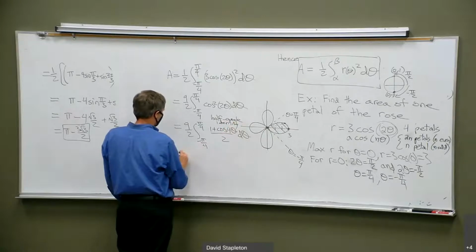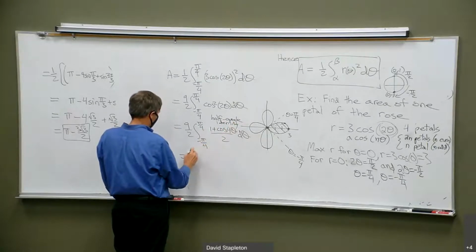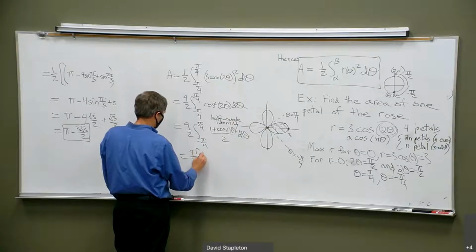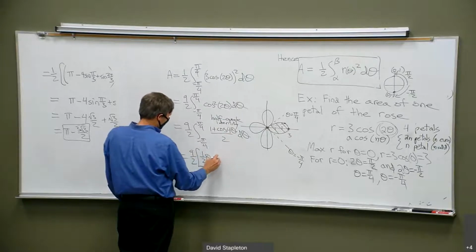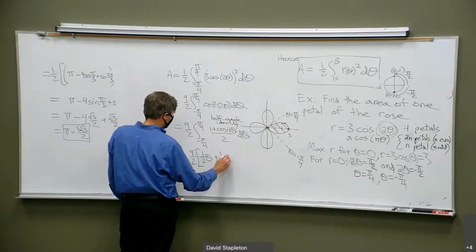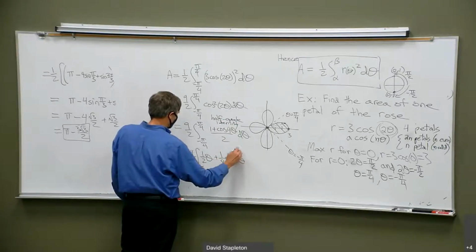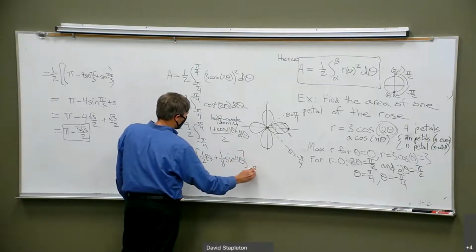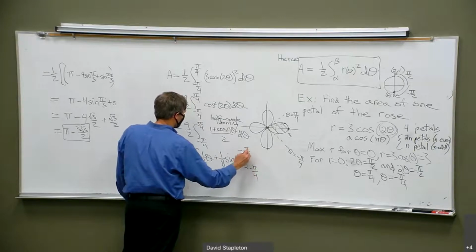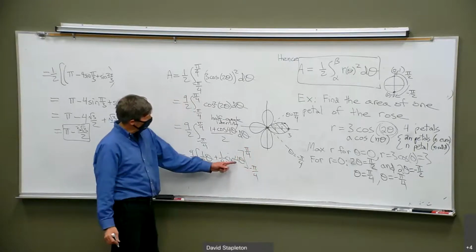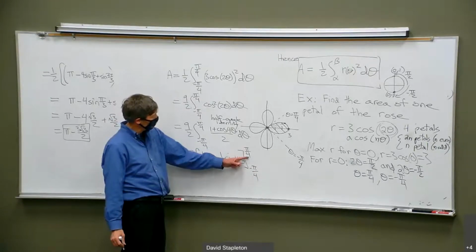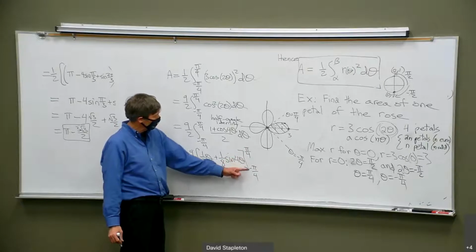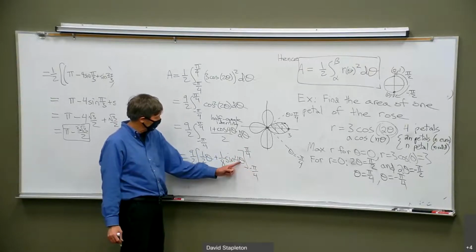Now we can integrate it, right? Because the integral of 1/2 is 1/2 theta. The integral of cosine 4 theta is sine 4 theta, divided by 4, and then that's divided by 2. So I get plus 1/8 sine 4 theta. Plug in minus pi over 4 and plus pi over 4. And nicely, sine of 4 times pi over 4 is sine pi, which is 0. And sine of 4 times minus pi over 4 is sine of minus pi, which is 0.